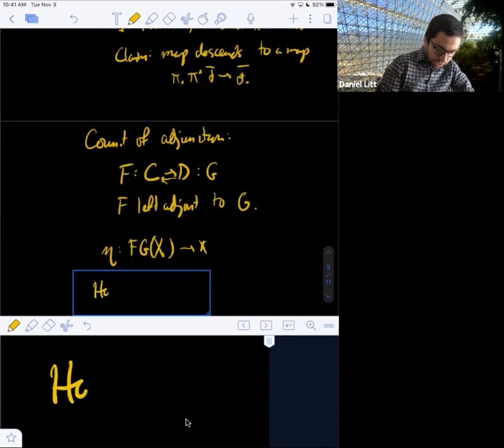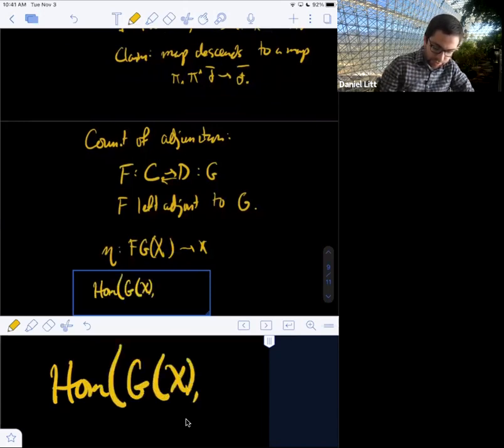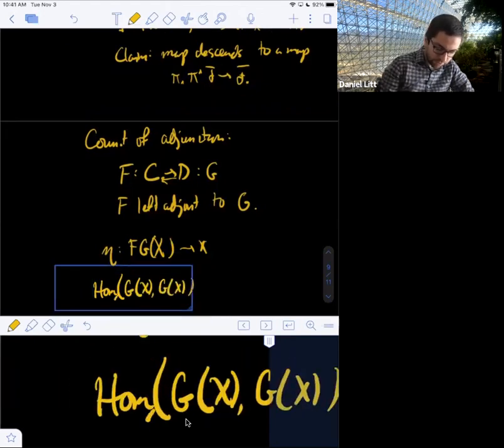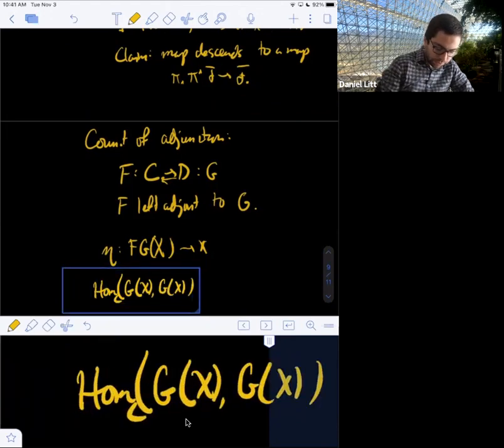Well, you take Hom of GX to GX in C. There's the identity element in here, id of GX.